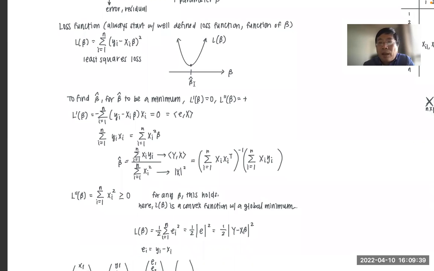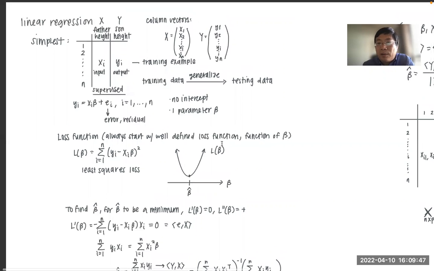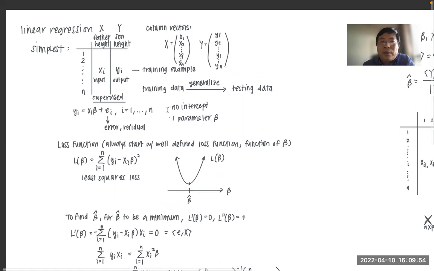So after we learn beta hat, we can apply this to future testing examples. So these are the steps for machine learning, and for other machine learning problems that we shall study later on, we always follow the same steps. And in particular, this machine learning problem is called supervised learning.